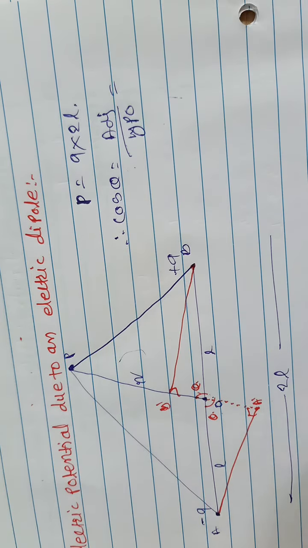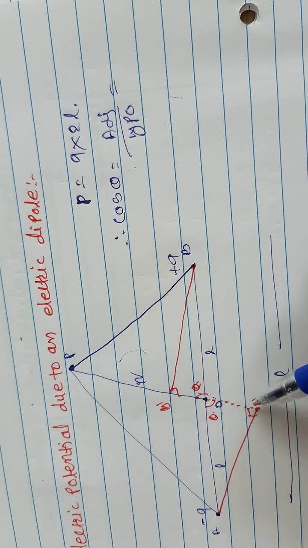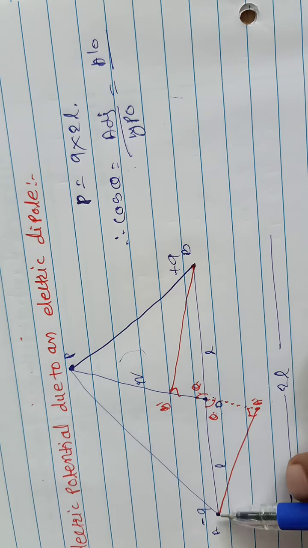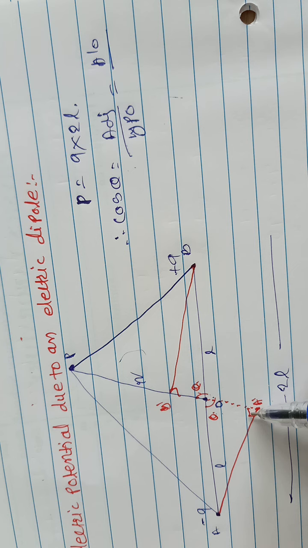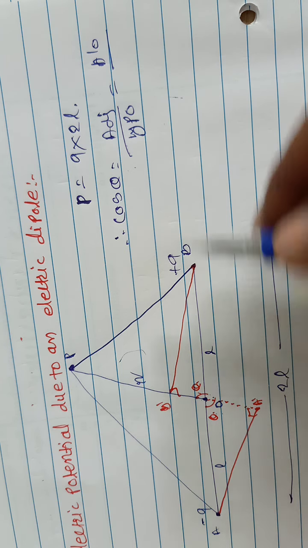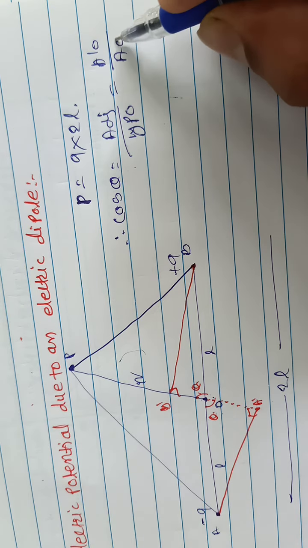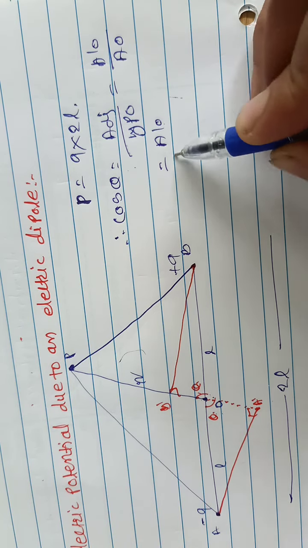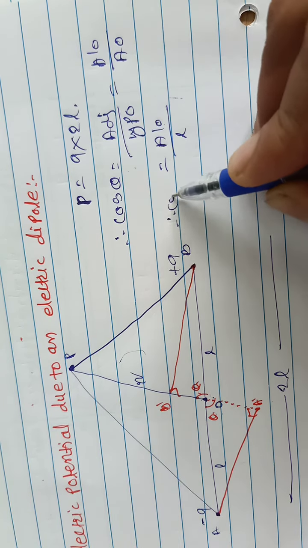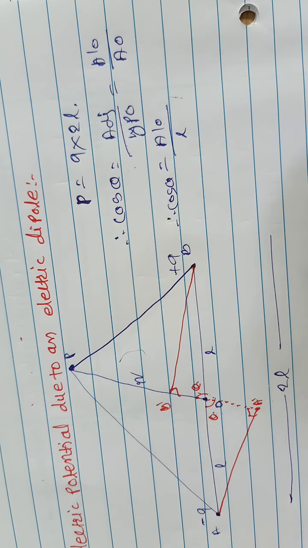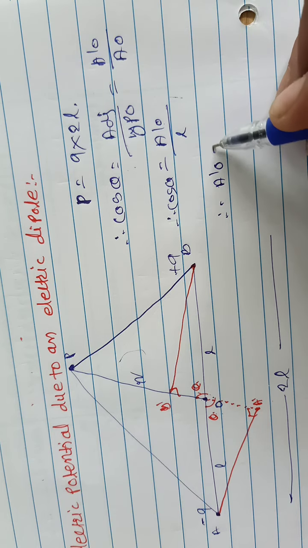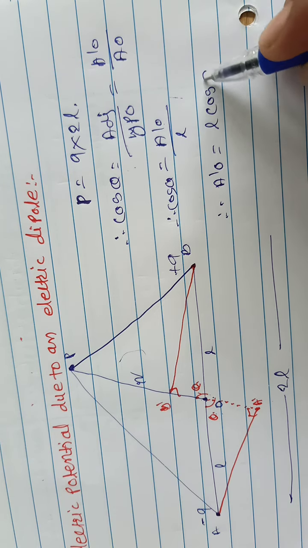The adjacent side is A dash O, and the hypotenuse, opposite the 90 degree, is AO, and OA is L. So cos theta equals A dash O upon L, and our target A dash O is L cos theta.